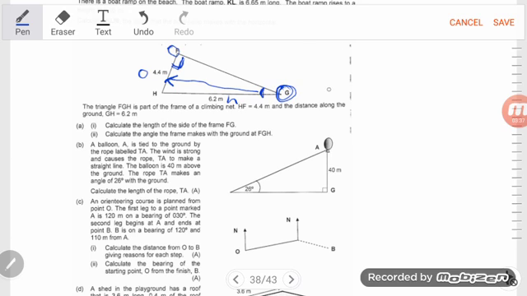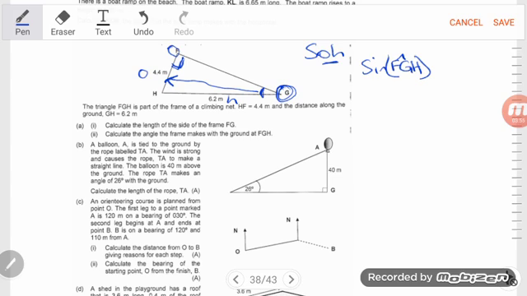So we've got sine. S-O-H, so we've got O and H, so we're looking for sine. So sine of FGH.